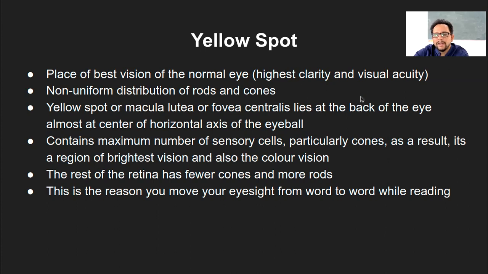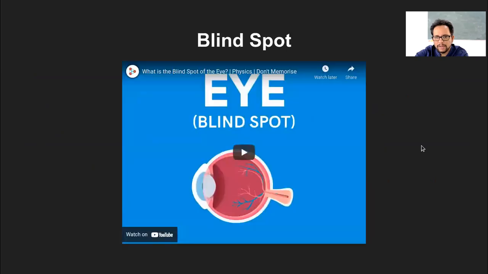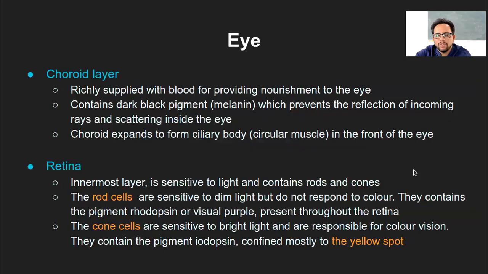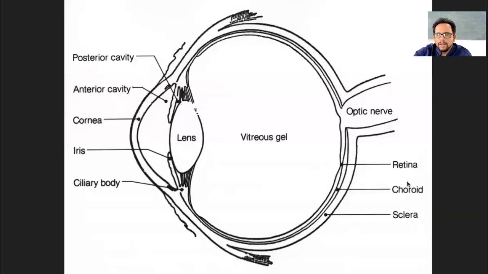It lies at the back of the eye, almost at the center of the horizontal axis of the eyeball. Where is that diagram? Oh, I don't have a diagram. Fine, let me show it to you here. Let's say the light is entering horizontally through the conjunctiva, cornea, and lens.